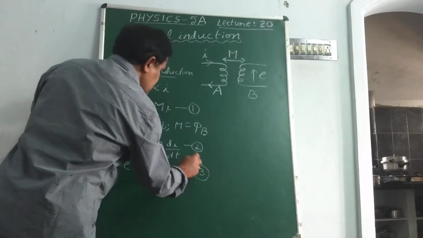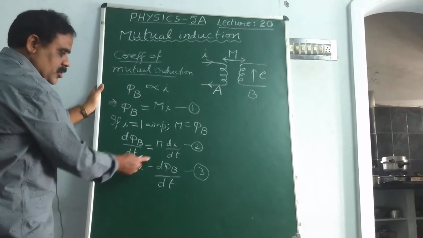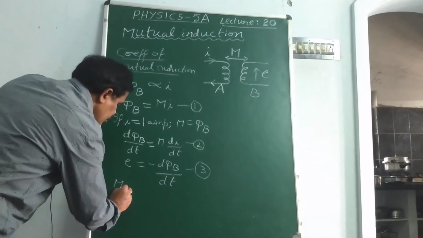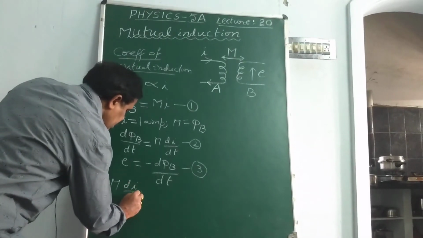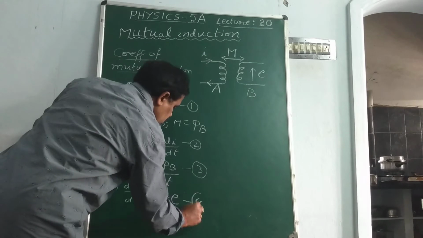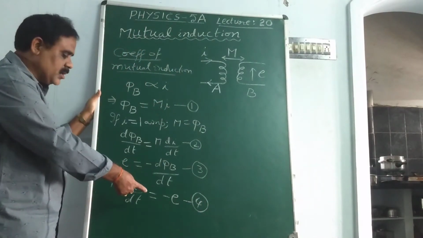Now from equations 2 and 3, you see this is d phi by dt, this is also d phi by dt. So we can equate these two equations. That means we can say M into di by dt is equal to minus E. So this is our equation. Again we can define capital M from this equation also. How can we define it?